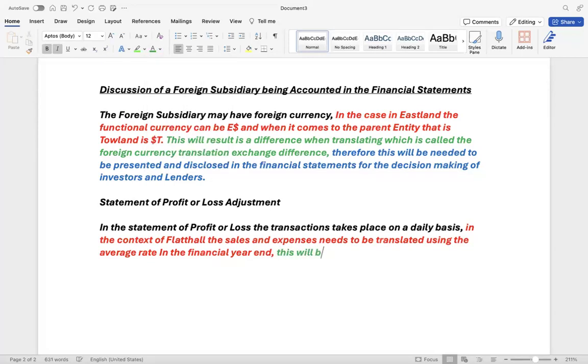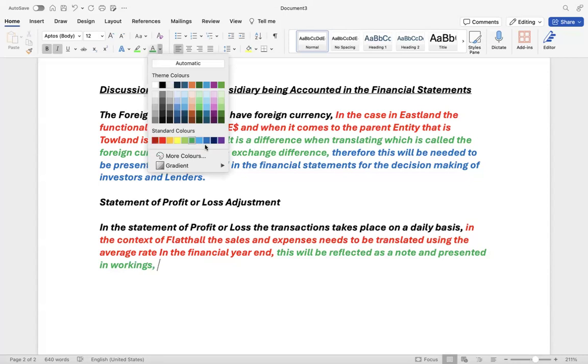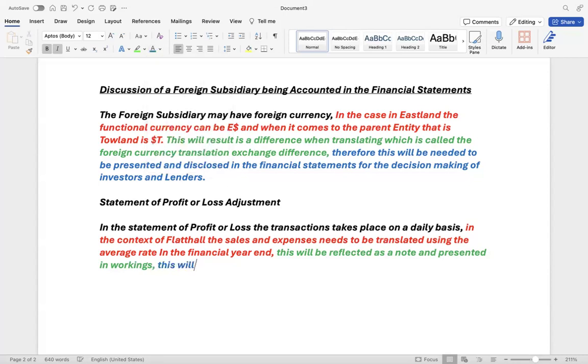This will be reflected as a note and presented in the workings. This will ensure that there is a transparent translation.